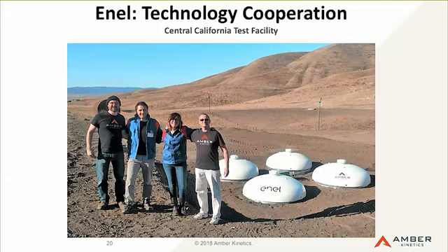We actually make a lot of use of our King City test site, and we've had a fairly long cooperation with the Enel utilities. That's an Italian utility that has a pretty large footprint globally. And we've done a series of demos with Enel, and this is part of our team and some of the Enel engineers in the picture.